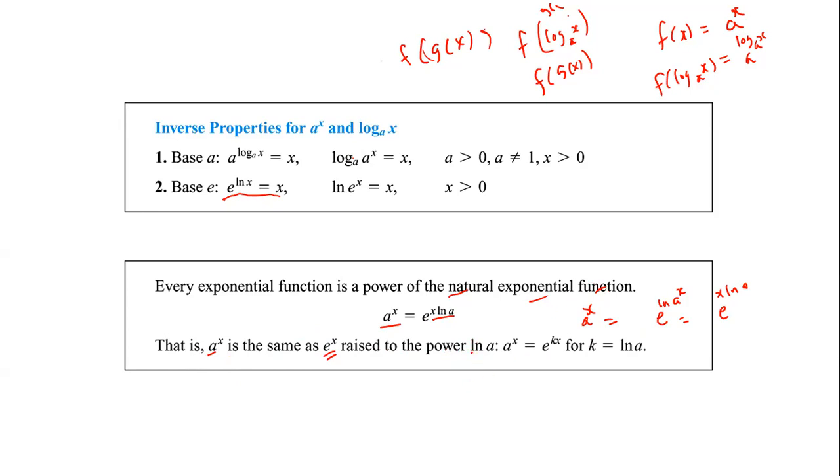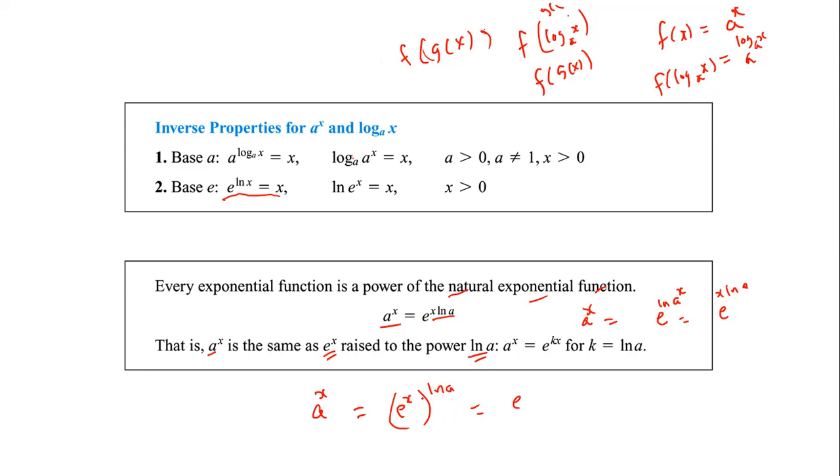Can you follow? Are you following? We said a to the power x is the same as e to the power x, raised to the power ln a, right? Now you can rewrite this one to get this result, which is e to the power of the multiplication of the two.